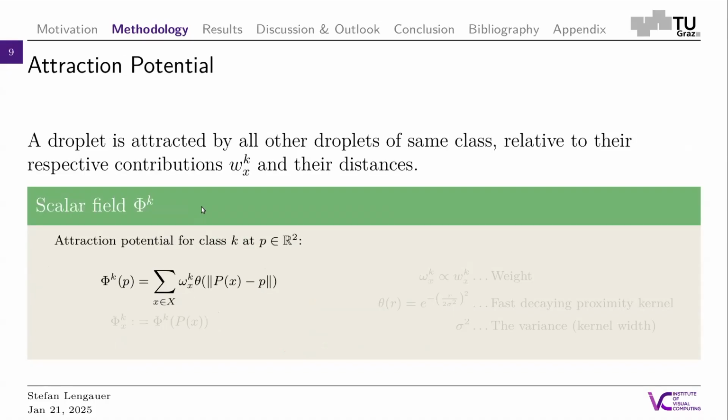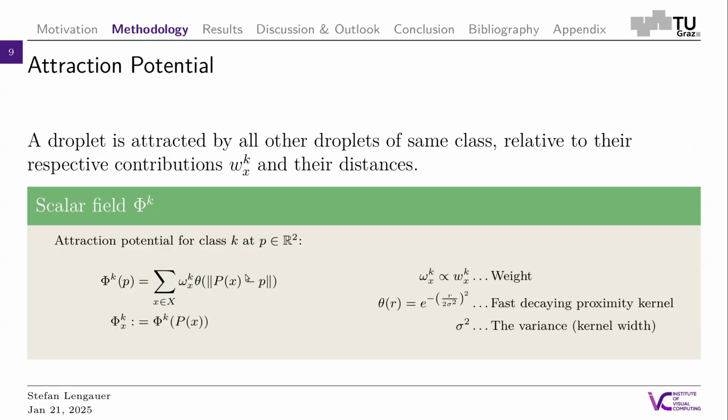Then regarding this attraction potential which you mentioned, it's actually quite simple. Our premise is that a droplet is attracted by all other droplets of the same class, but relative to their respective contributions as well as their distances. So the attraction potential at an arbitrary point P is just the product of the contribution weighting multiplied with the distance weighting, summarized over all pixels we have.